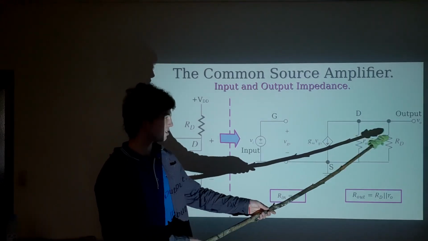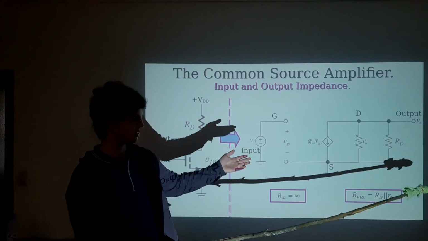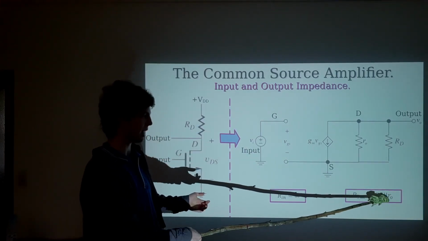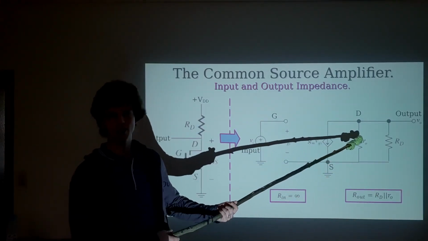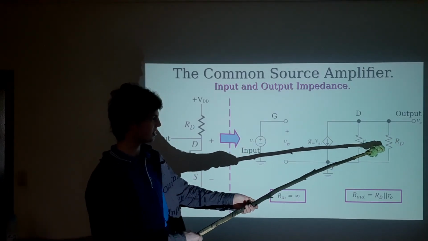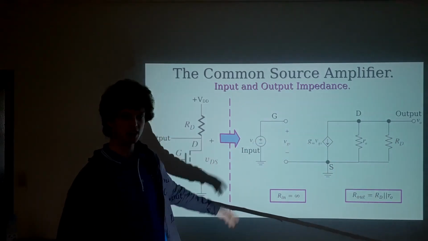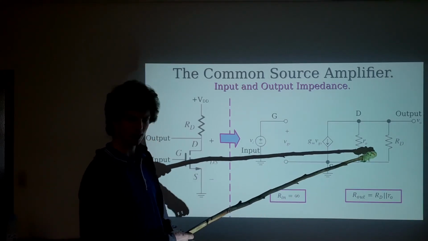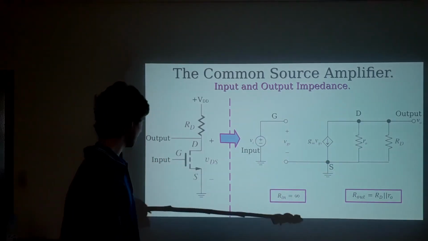So it's going to be these two in parallel, just the standard formula for resistors in parallel. In an ideal transistor the R0 term is going to be infinite and we'll just have the RD, but just to cover our bases in case we need channel length modulation, we leave that one there as well.